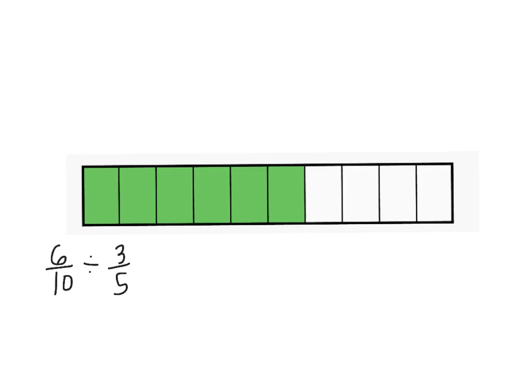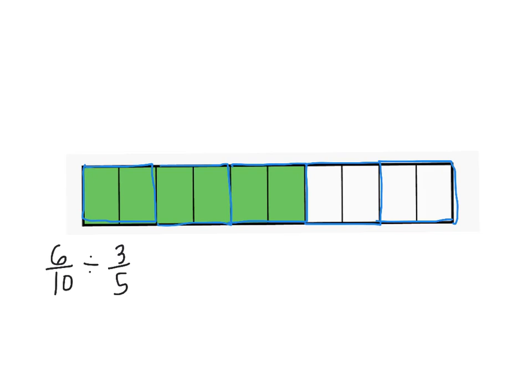So let's try that. Oh, so it's this one. 1, 2, 3, 4, and 5. There you go. So since you have the fifths set up now, know that we have to group them because we want to get how many 3/5 are there.